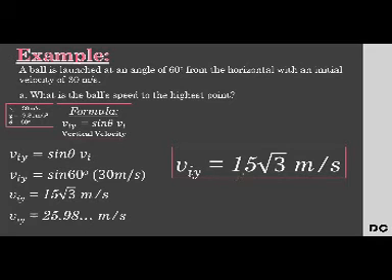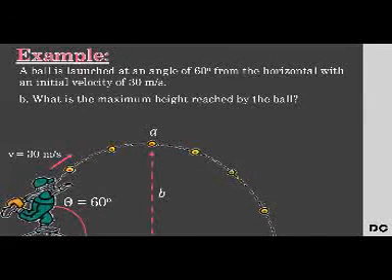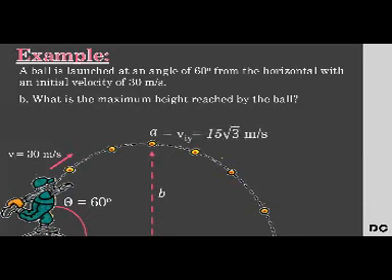Okay, so next is to solve for our letter B, which is the maximum height reached by the ball. Since we are looking for the maximum height reached by the ball, we already solved for our letter A, which is our VIY, which is 15 square root of 3 meters per second.